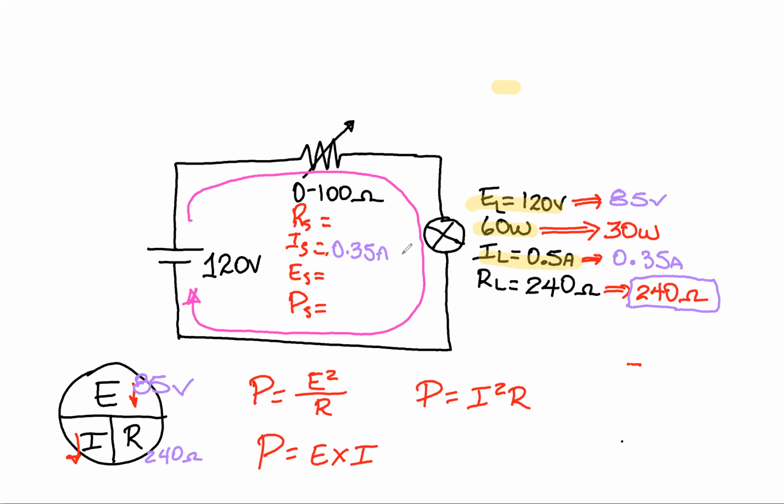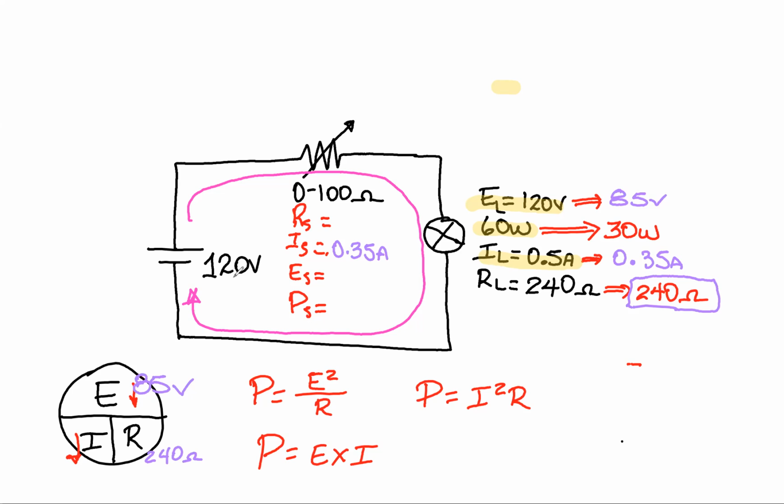That's one of the rules for series circuits. Another rule we know about series circuits is that the sum of this voltage plus this voltage has to be equal to the source voltage.